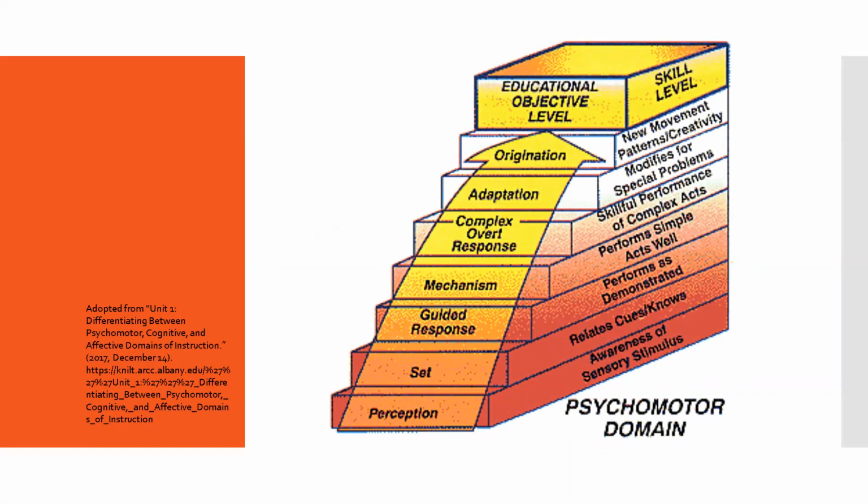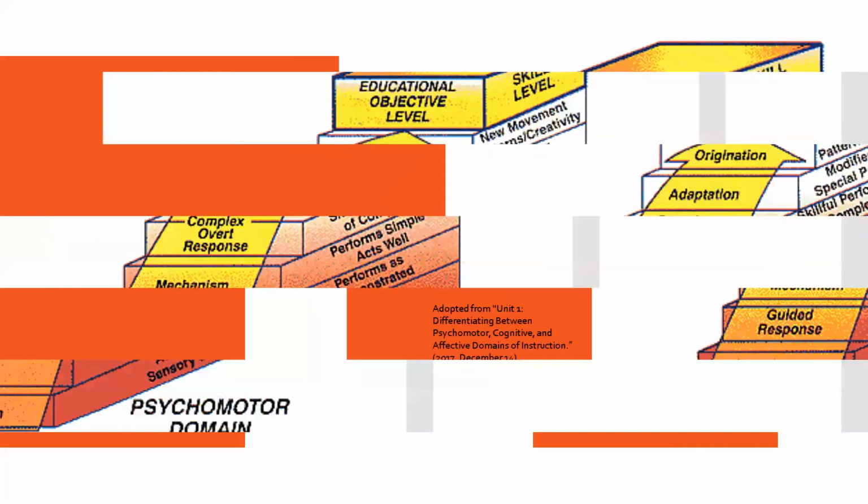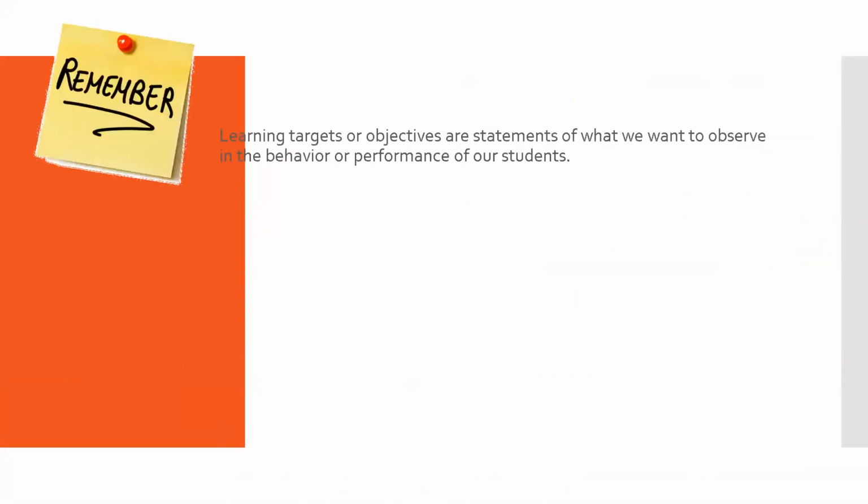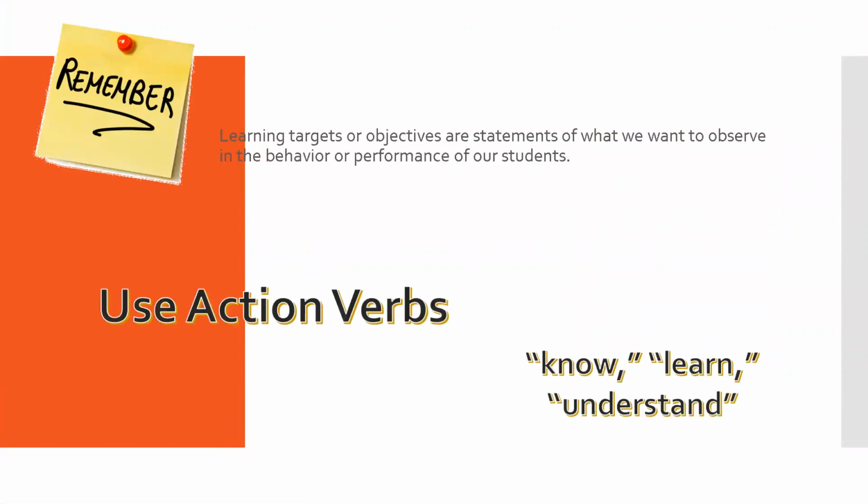So again, here are the levels from the lowest level, perception, to the highest level, origination. So remember, the learning targets or objectives are statements of what we want to observe in the behavior or performance of our students.